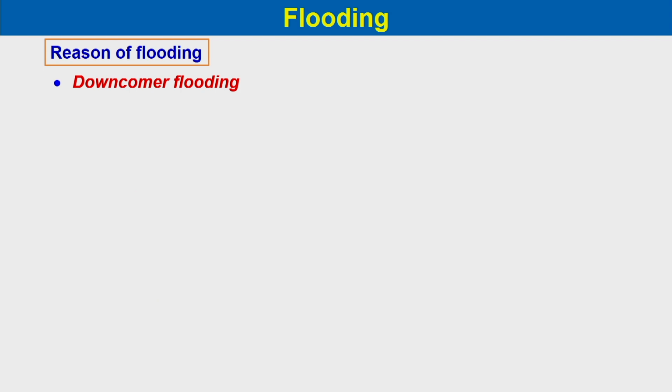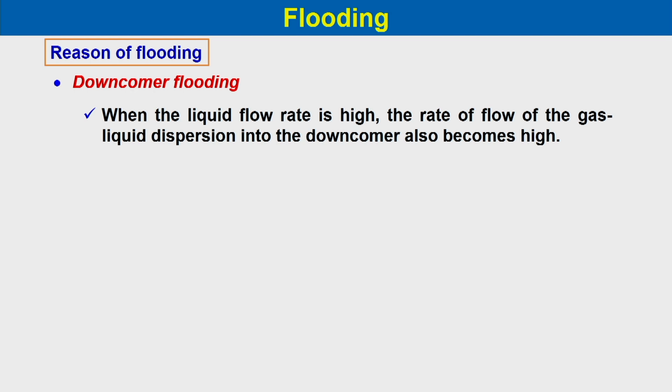Another is downcomer flooding. When the liquid flow rate is high, the rate of flow of the gas and liquid dispersion into the downcomer also becomes high. Because of the high flow rate, there will be vigorous mixing in the column, and a large number of bubbles will be carried by the liquid towards the downcomer.